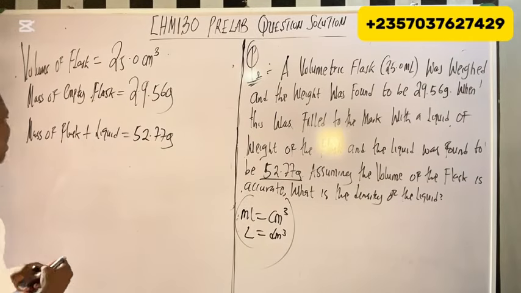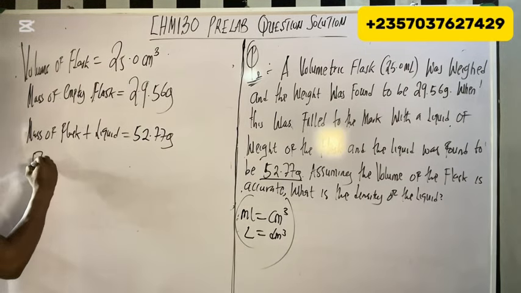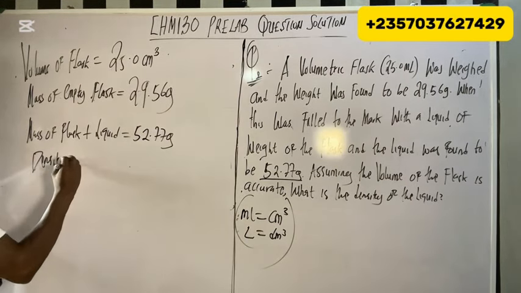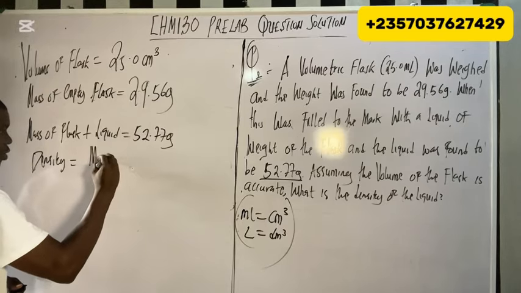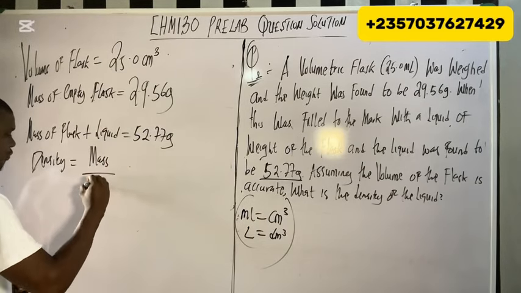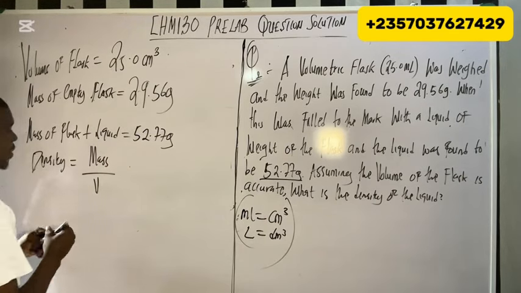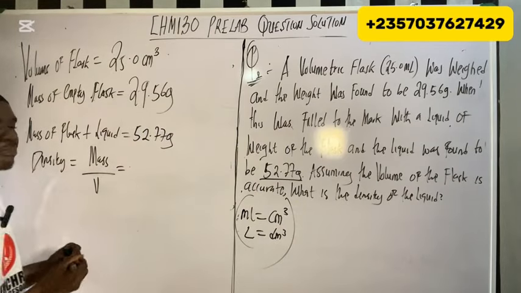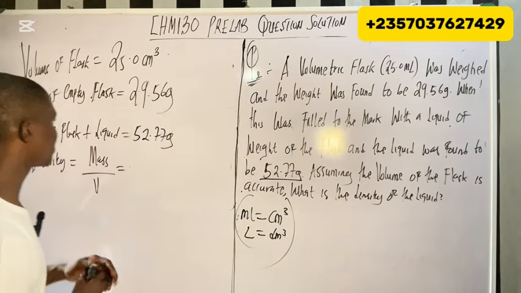Density of the liquid. Remember I told you that density is equal to mass over volume, right? So what will be the mass of the water? Mass of the water is going to be this minus this.